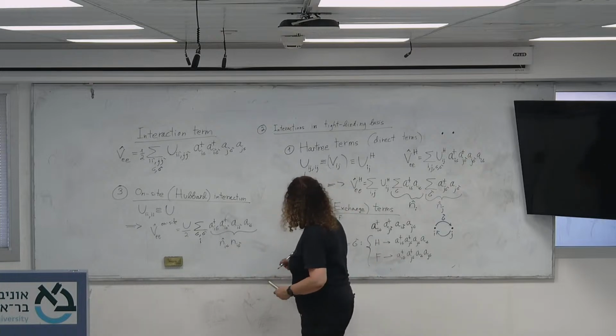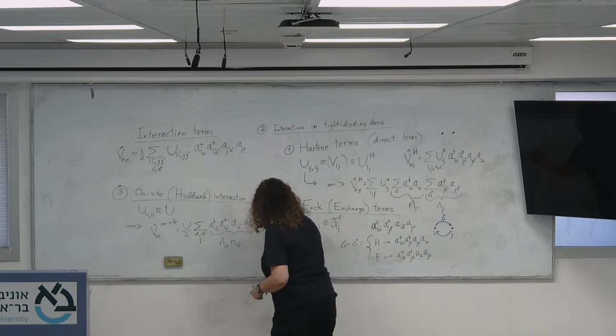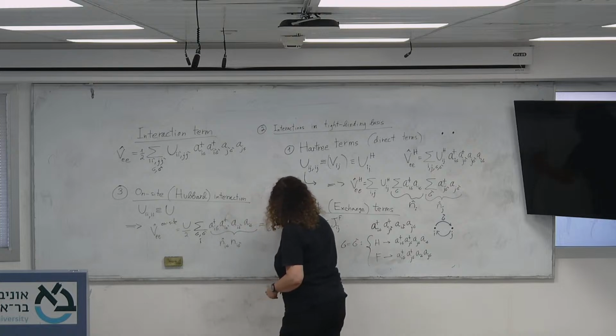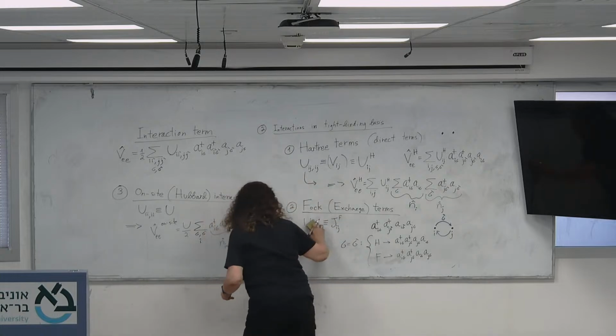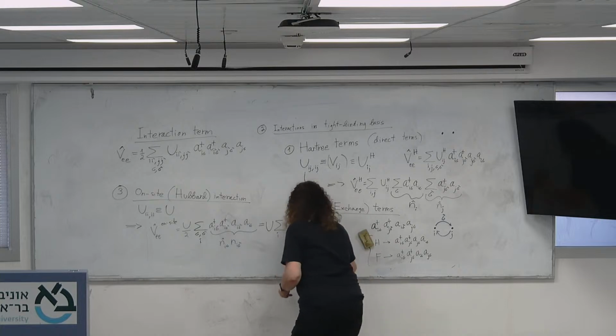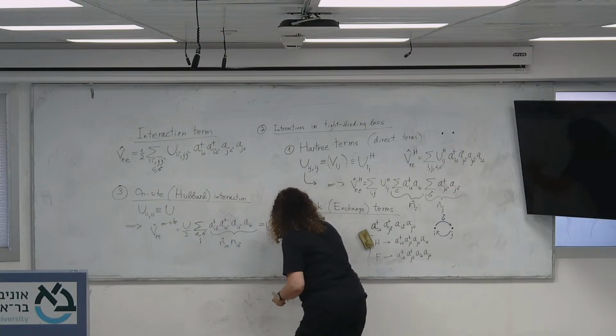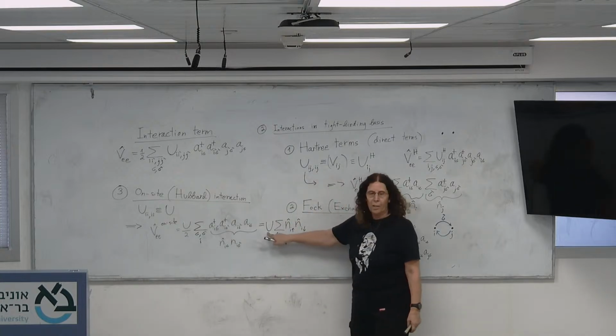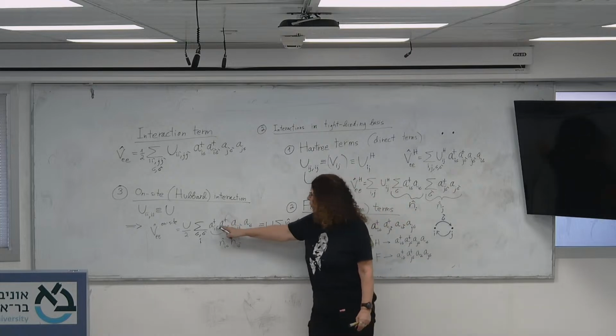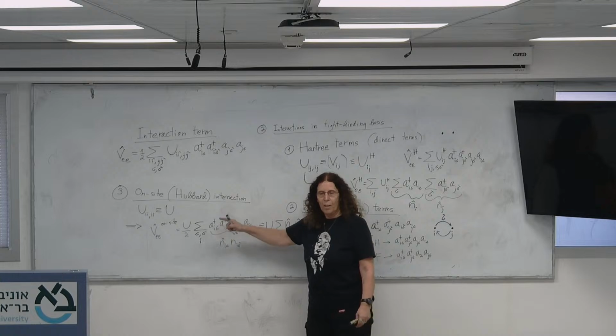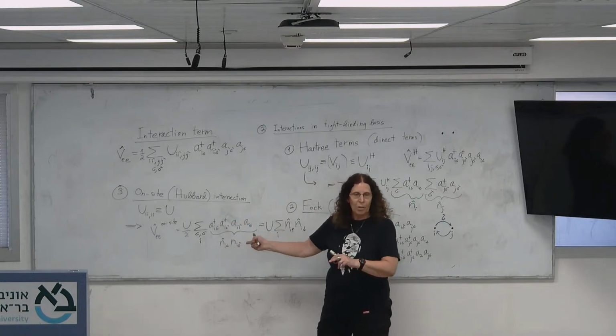And therefore, I can actually rewrite it in the following way. It's Ni up, Ni down. And that's it. You see, the factor of half disappeared because I accounted for 2 terms, that sigma is up and sigma prime is down, and vice versa.